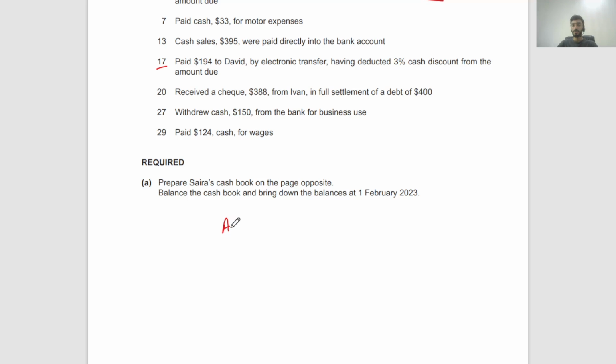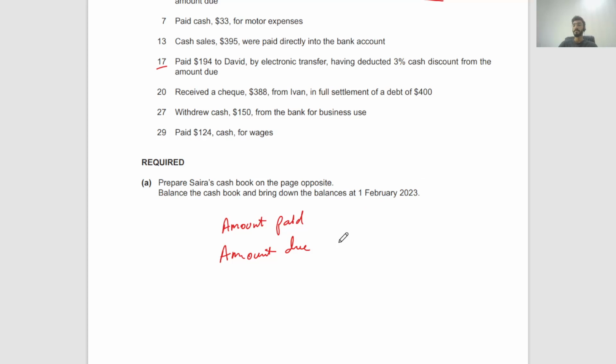Of course, you should realize that the amount due is before any deductions of discount, because that's what's due. That's what you need to pay.